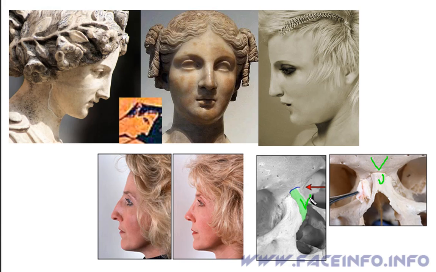This is the anterior nasal spine of the maxilla, and this is the nasion. So the more prominent the nasion is, the more the face resembles the ancient Greek beauty ideal.